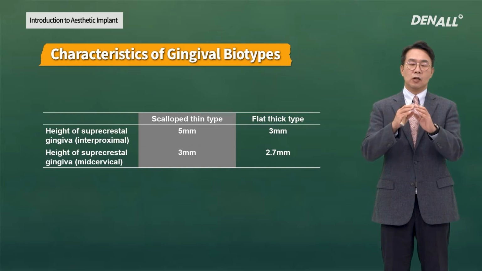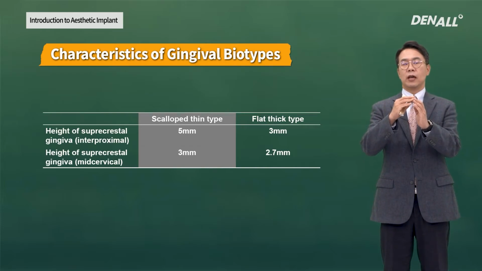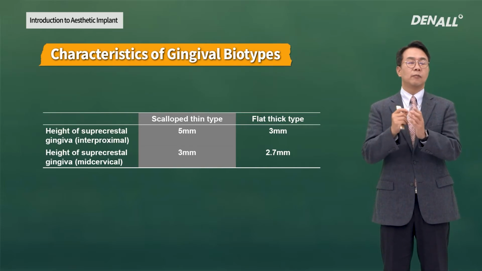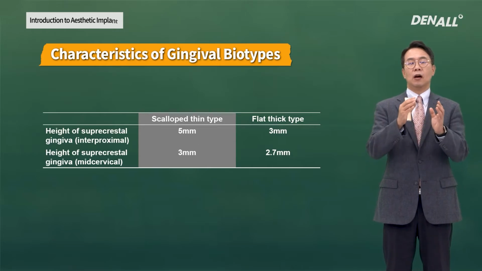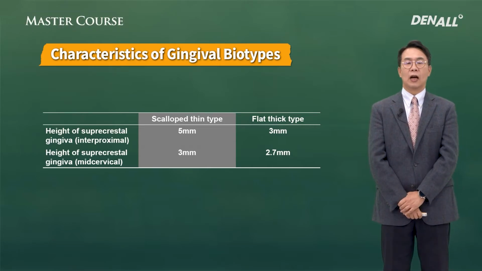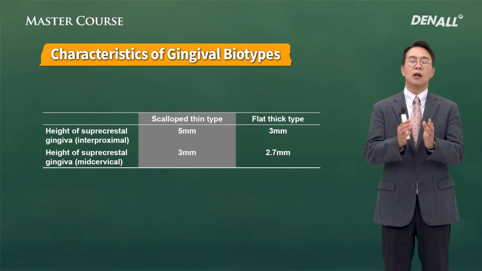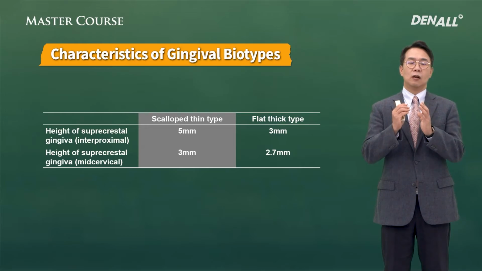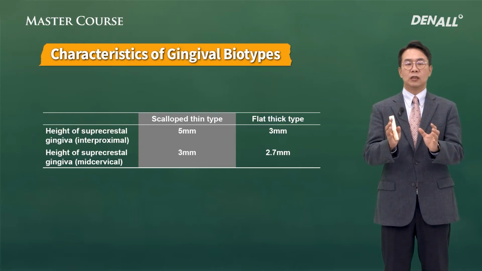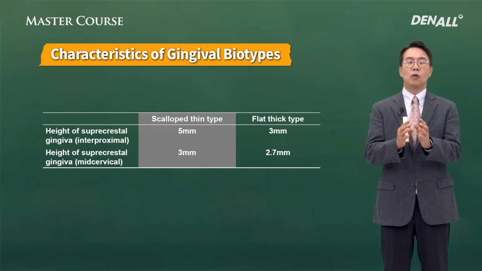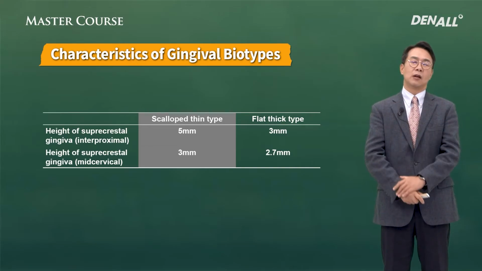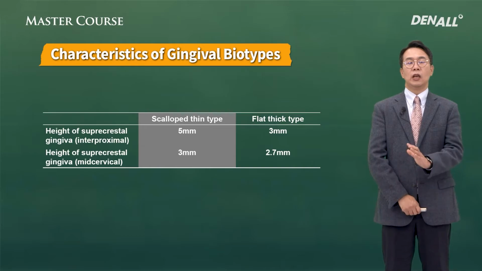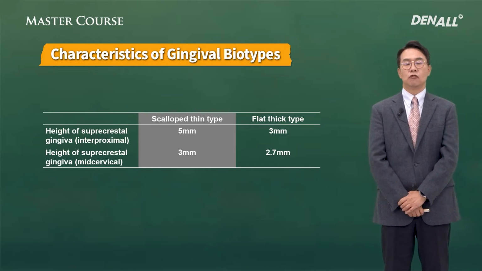In the mid-cervical area, the gingiva height is similar, but in the interproximal area, there can be difference in the height. Whether the interproximal area will be filled with gingiva can be determined by the shape of teeth and the gingival biotype. So these need to be evaluated before surgery.